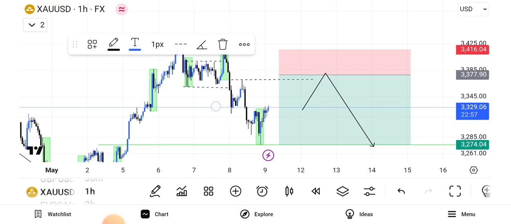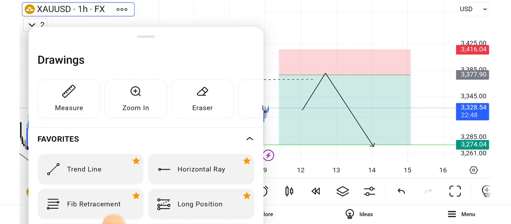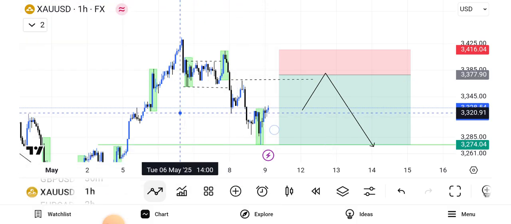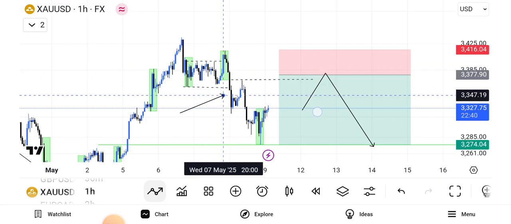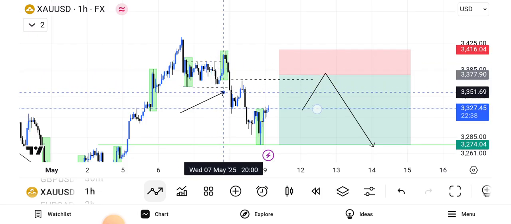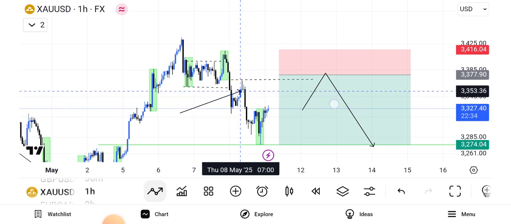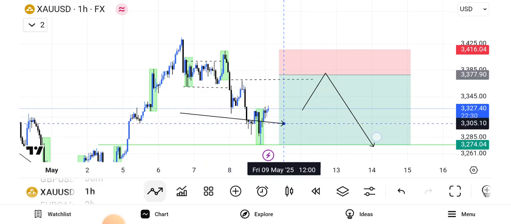After it swept the range at this point, it now broke structure down here. Let me show you. So it took out the range at this point, and then it came down and broke structure down here to the downside. So after it broke structure to the downside, it came up, tapped into this breaker block and sold.